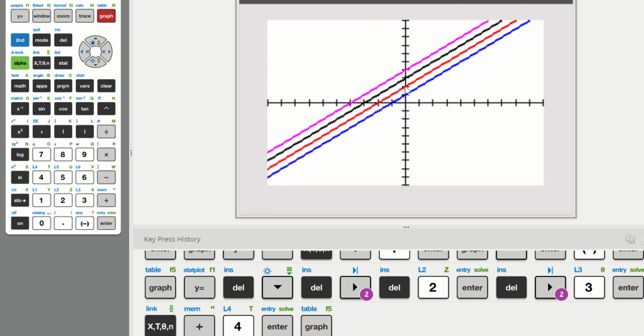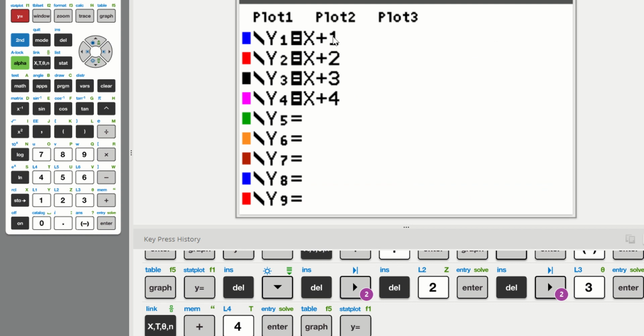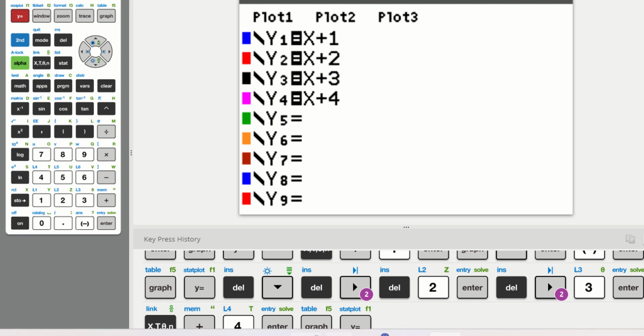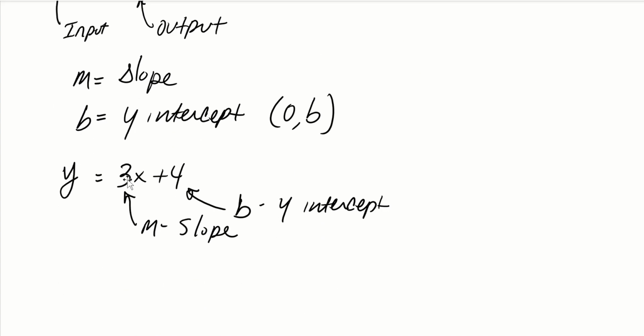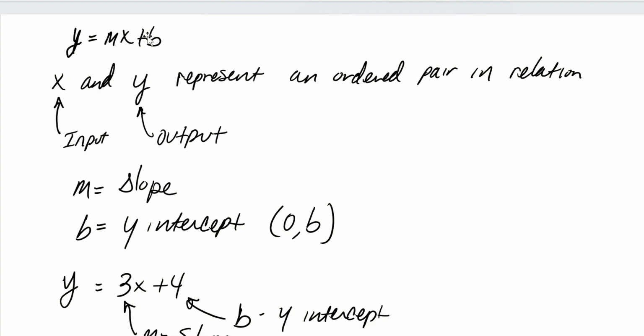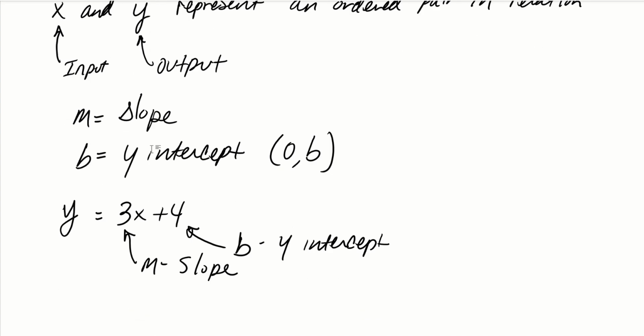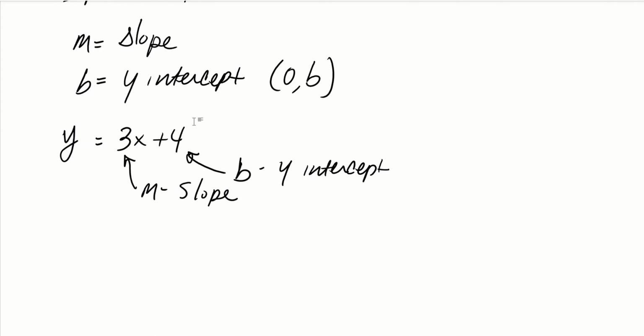This is x plus 2, so the y-intercept is at y equals 2, y equals 3, and y equals 4. That's exactly what these equations are telling us. So if we go back to slope-intercept form, m, the number in front of x, tells us the slope, and b, the number after x, tells us where the graph hits the y-axis.